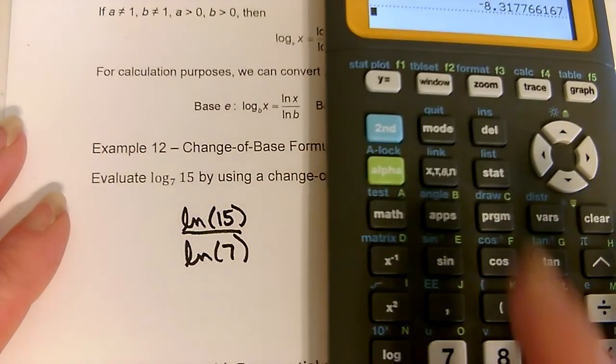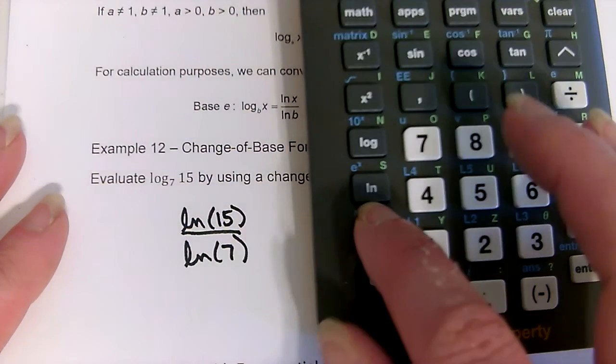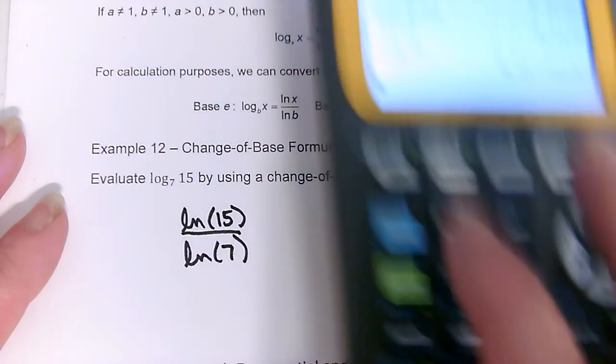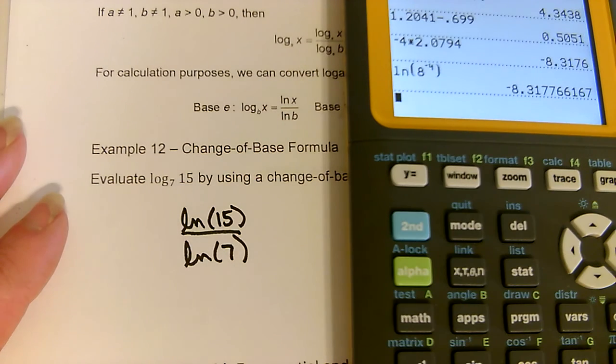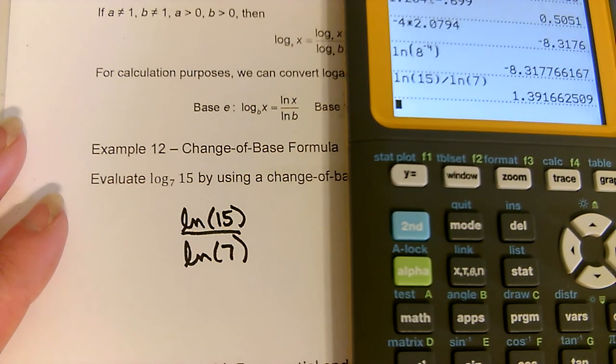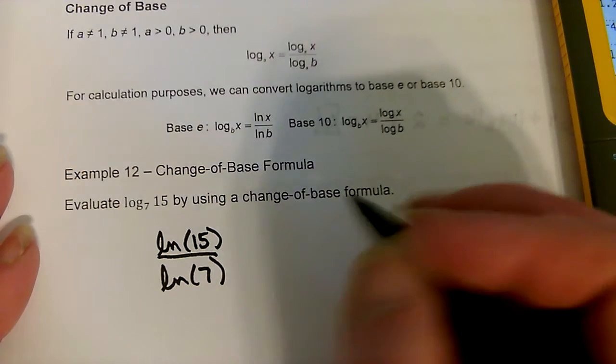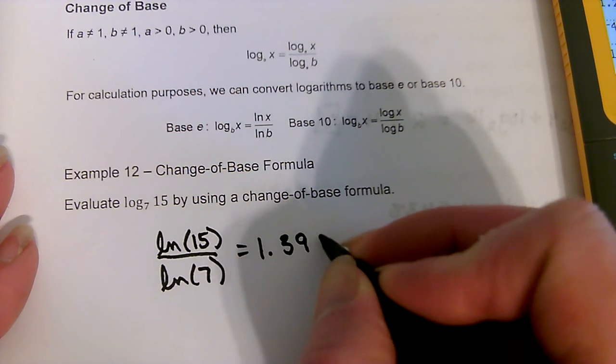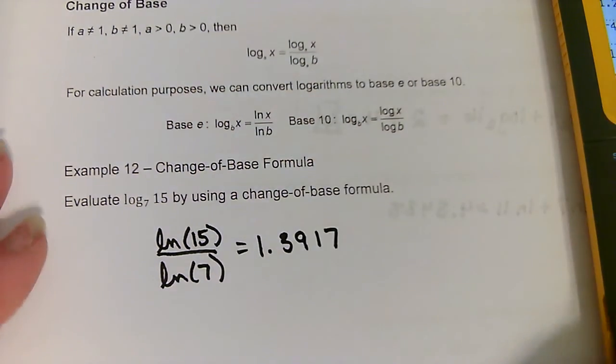Every scientific calculator has a natural log, even the one on your phone. So I could do natural log of 15 divided by natural log of 7. And it gives me 1.3917.